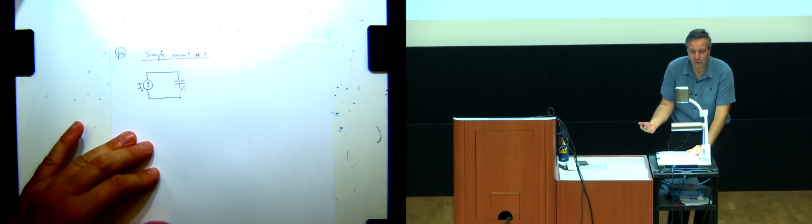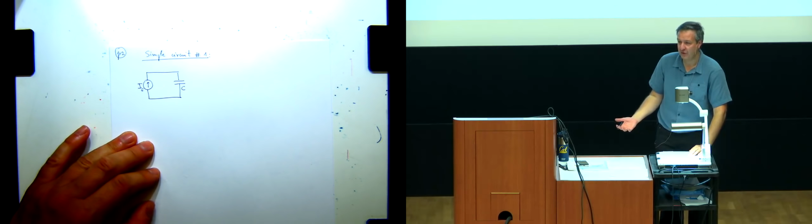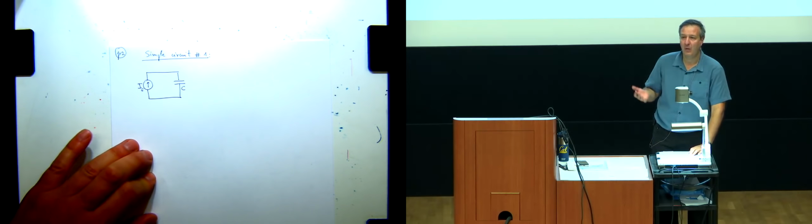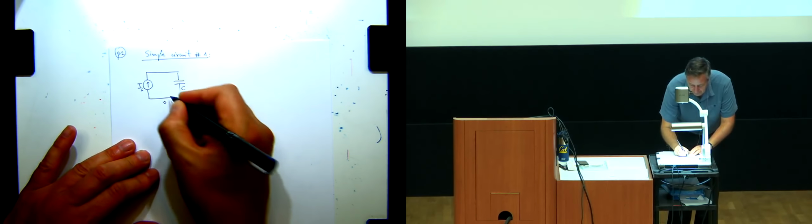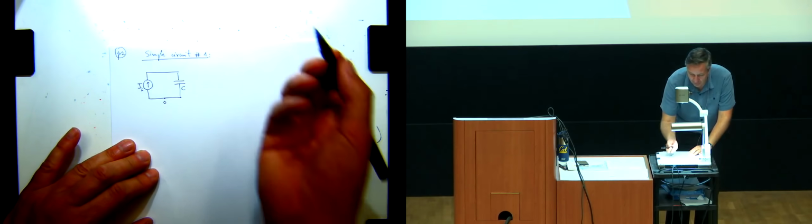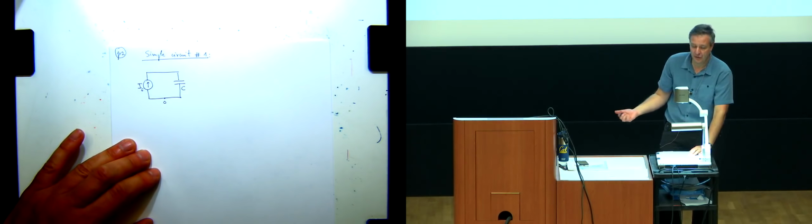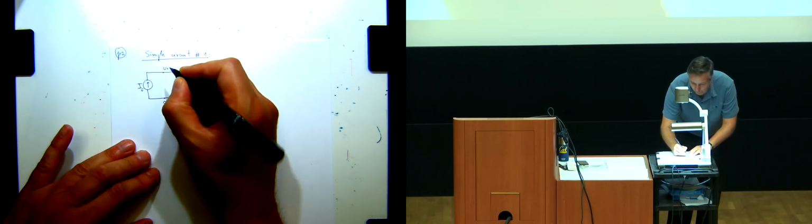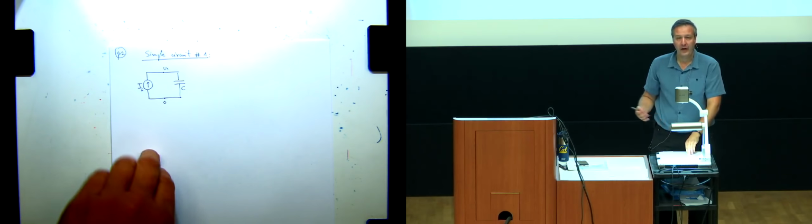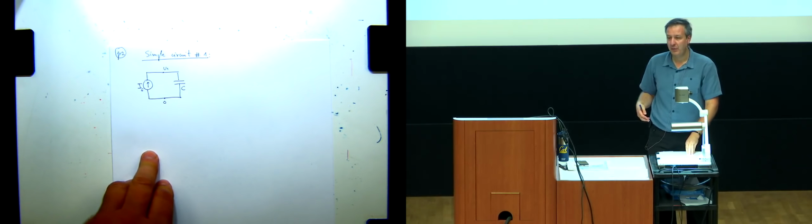So what did we say we're going to do first? We need to label the reference node and label all the unknown potential nodes. So let's say this is the reference node. The only other node in the circuit that's left is this one at the top, so we're going to label it U1. Then we said, arbitrarily label the currents.